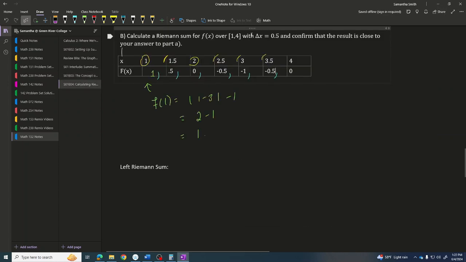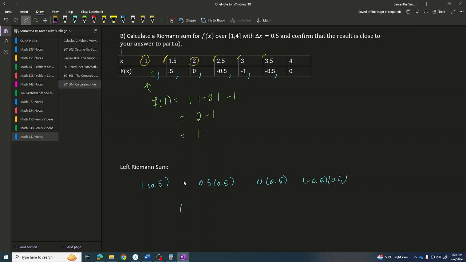We are told that the width of each rectangle is 0.5. So I'm going to take our y value 1, multiply it by 0.5. I'm going to take our 0.5, multiply it by 0.5. The next y value is 0. The next y value is negative 1/2. The next y value is negative 1. The next y value is negative 0.5.